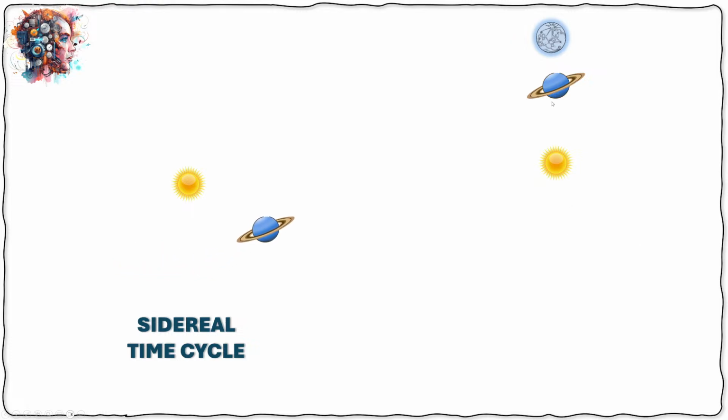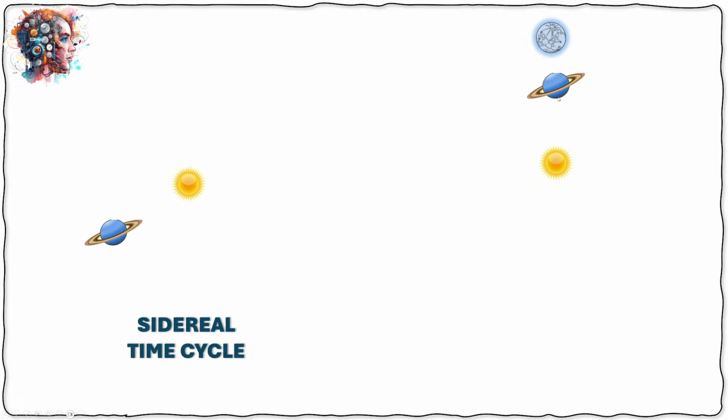Now the synodic cycle is basically about two planets. Now watch these two planets. One is moving slower, one is moving faster. So they start together at some point in time. Then the faster moving planet will go around and catch up with the slower moving planet.